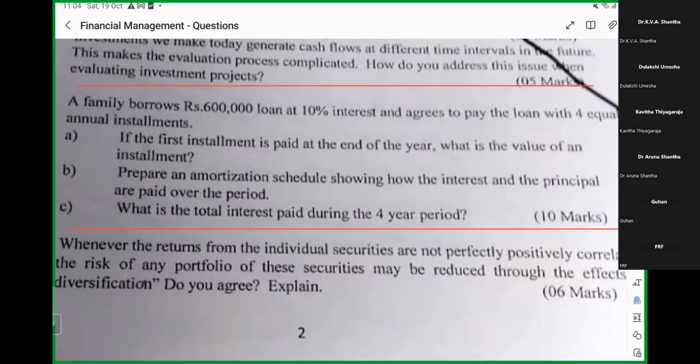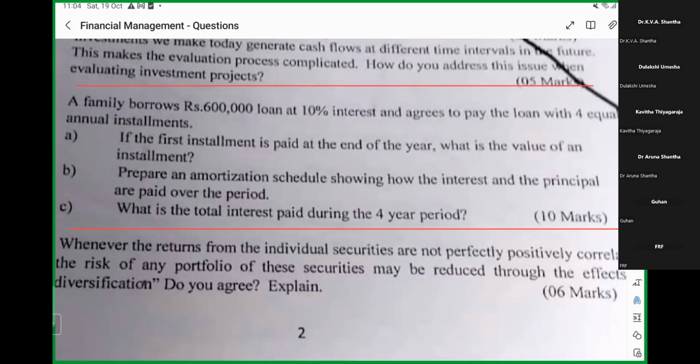If the first installment is paid at the end of the year, how much is the installment value? Quickly calculate the installment value.